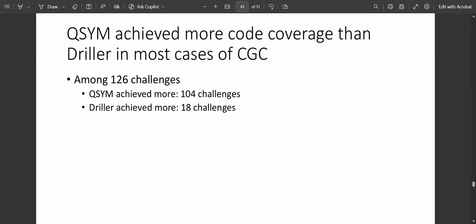QSYM actually won third place in the CGC competition. Also, among the 126 challenges, QSYM achieved more than Driller in 104 challenges. Driller achieved more in 18 challenges and QSYM in 104. So QSYM is performing much better compared to Driller.